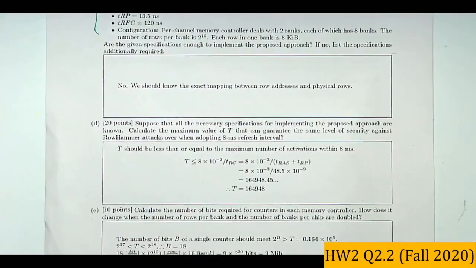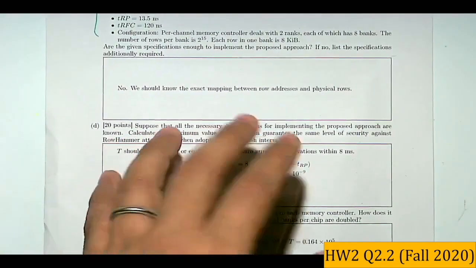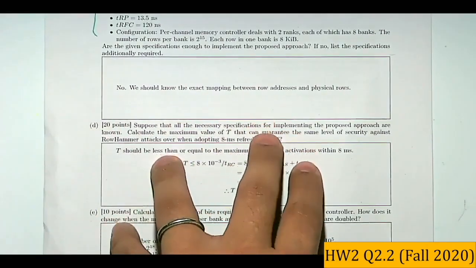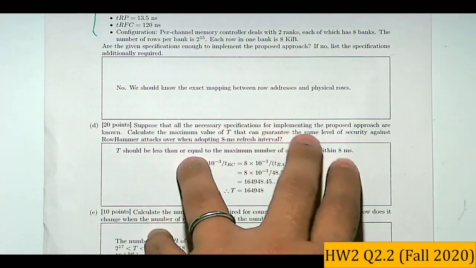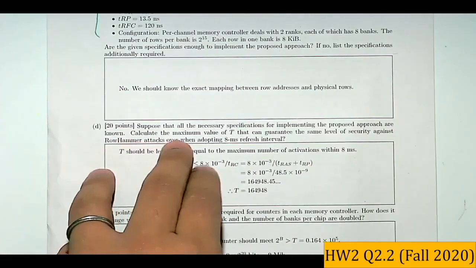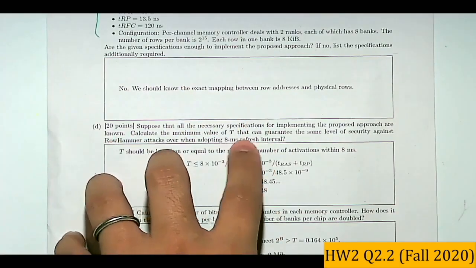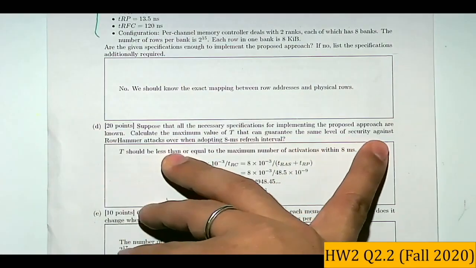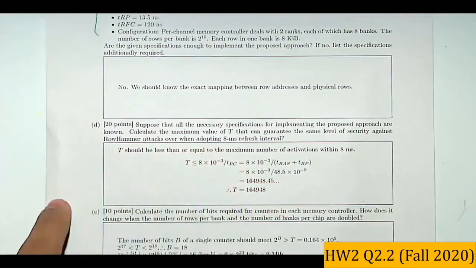Anyway, suppose that all the necessary specifications, meaning the exact mapping between the row address and physical rows, for implementing the proposed approach are known. Calculate the maximum value of T, the threshold value that can guarantee the same level of security against RowHammer attacks as when adopting 8 millisecond refresh intervals.